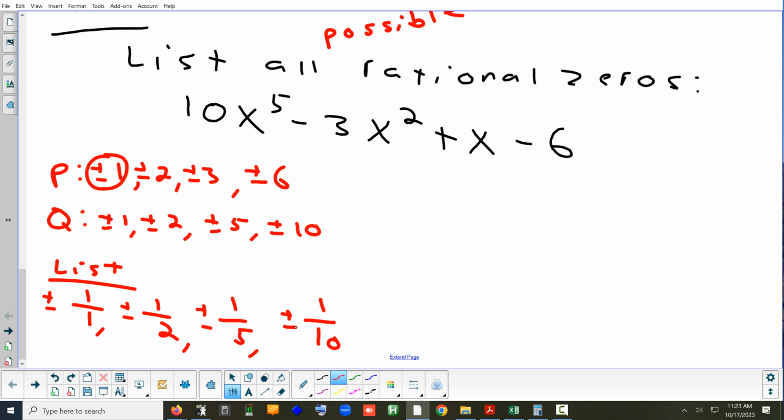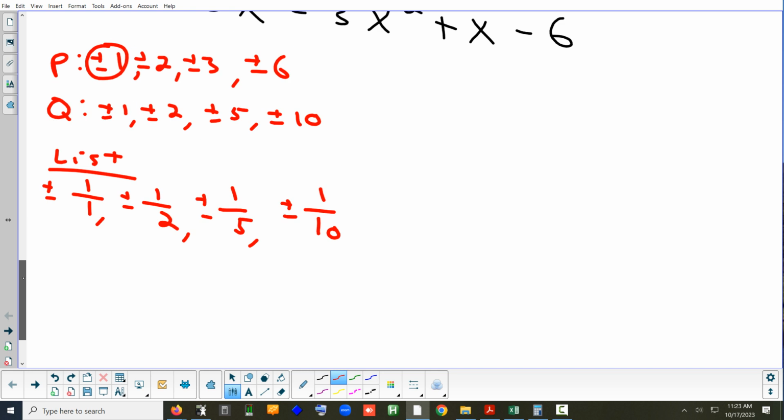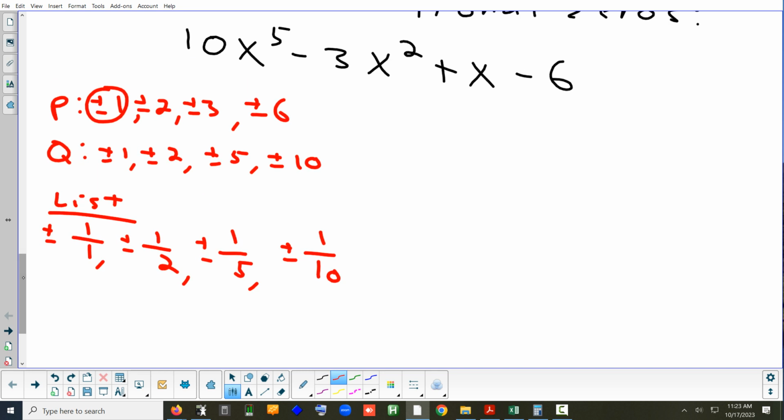Okay. Now let's do the ones with a 2 in the top. I could have a 2 over 1. I could have a 2 over 2, but 2 over 2 is what number? 1. We already have that one, so that's a repeat.